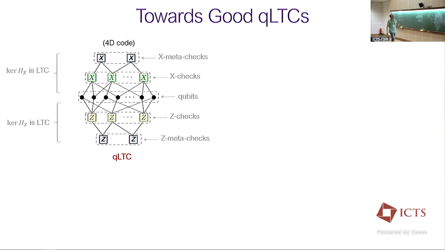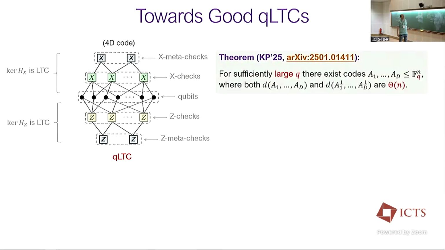So I also want to mention QLTCs, which I already mentioned. There was an idea that you can generalize all these locally testable codes and quantum LDPC codes to higher than 3 dimensions.